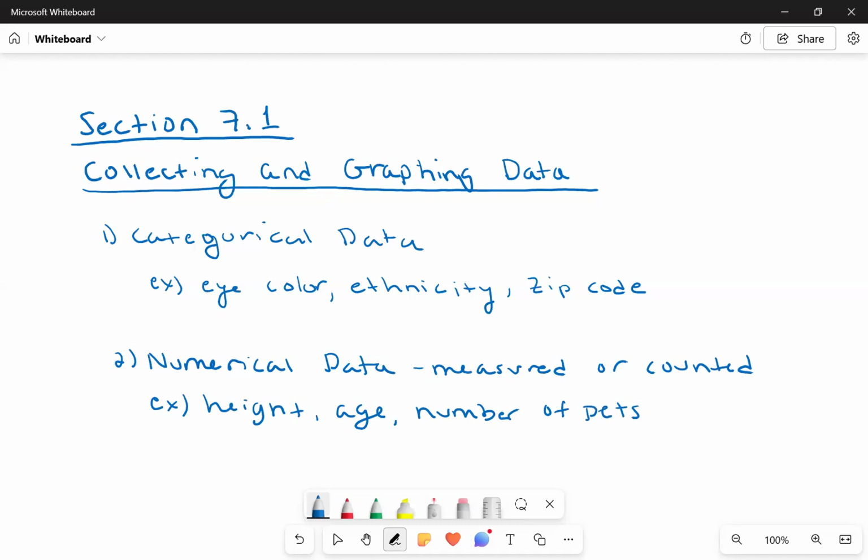So visually, we have a few different options when we're graphing data. Let's start with categorical data and then we'll move into numerical data. There's really not a lot for categorical data and there's a whole bunch of numerical data. So let's start with categorical data.